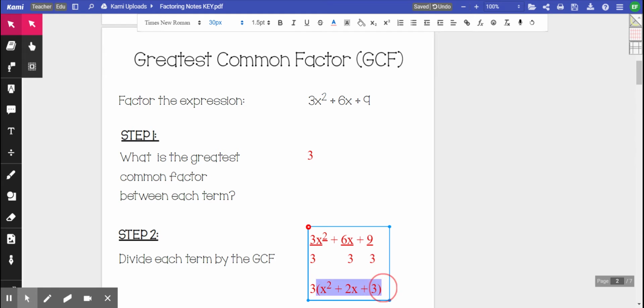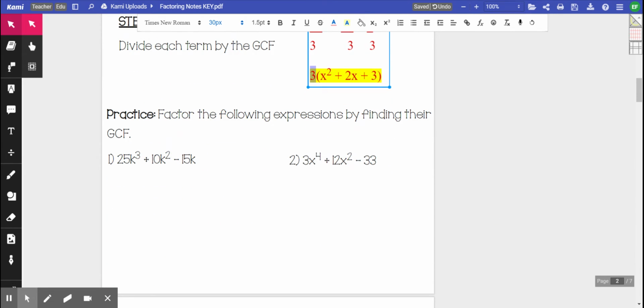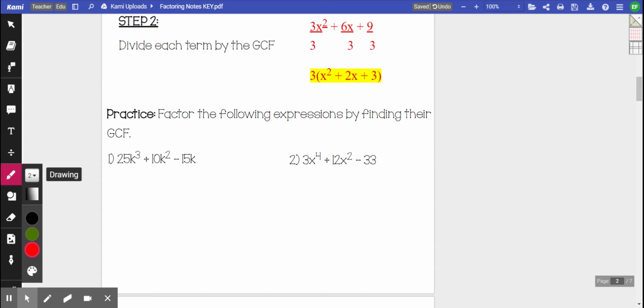And let's go down and look at our next couple of expressions to see how do we factor those. So first one, and feel free to pause at any time if you want to try these on your own and then hit play when you're ready to check. If we're taking a look at 25k cubed plus 10k squared minus 15k, our GCF is going to be a 5k.